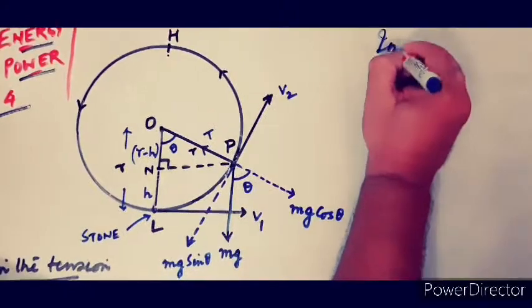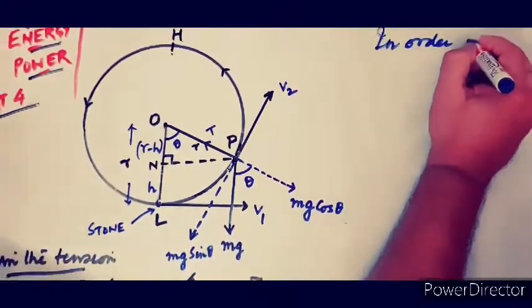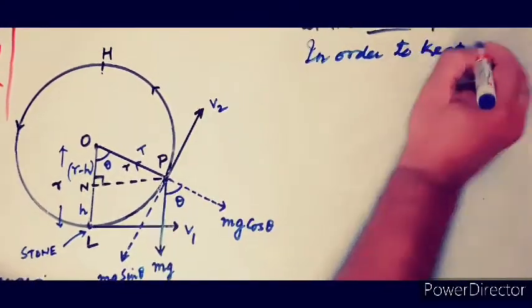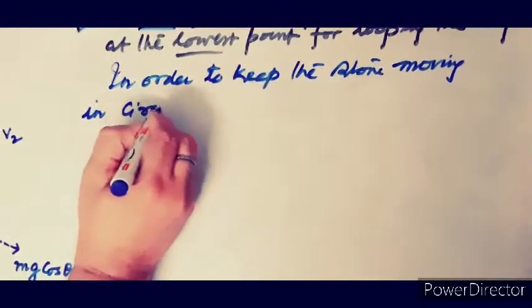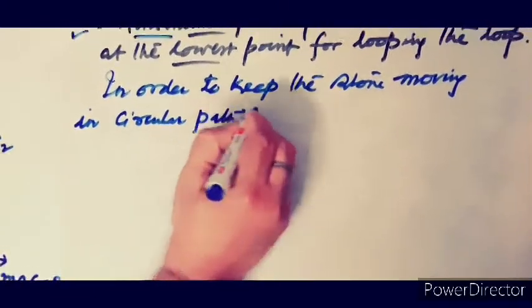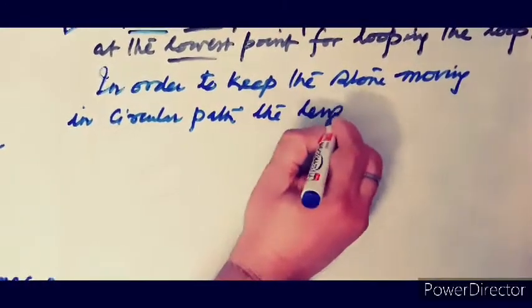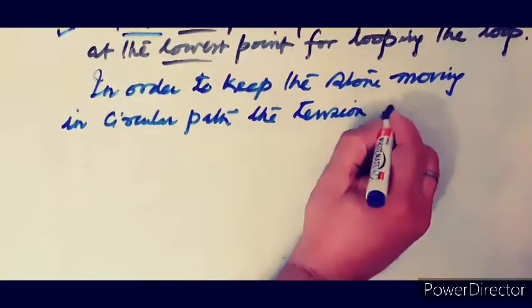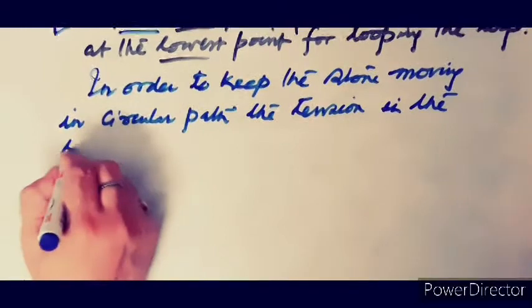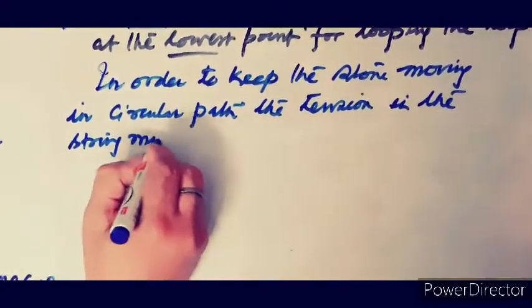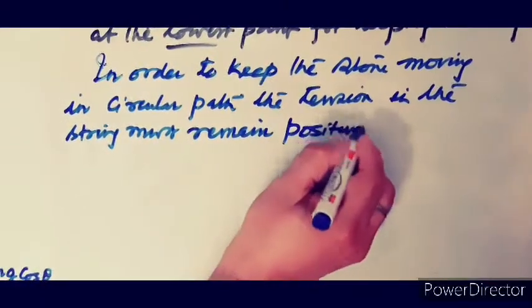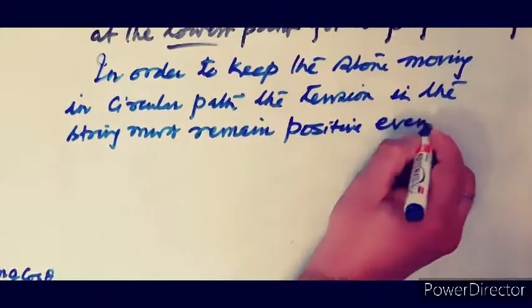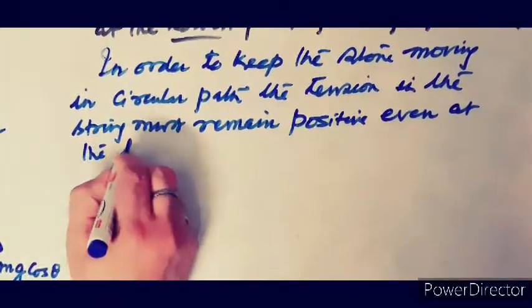Now here you remember, this particular statement is important: in order to keep the stone moving in circular path, the tension in the string must remain positive even at the highest point.